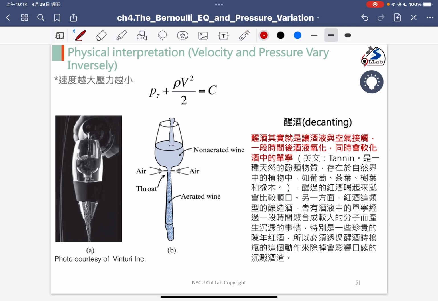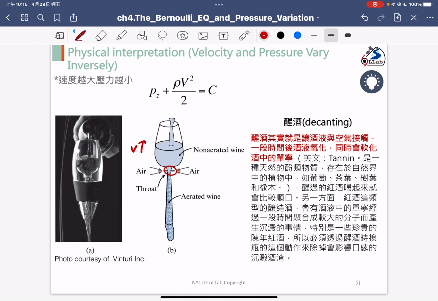The idea is quite simple. You can see here there is a small cross-section area, and the small cross-section area will have high speed. So in the red circle here, the velocity will increase.